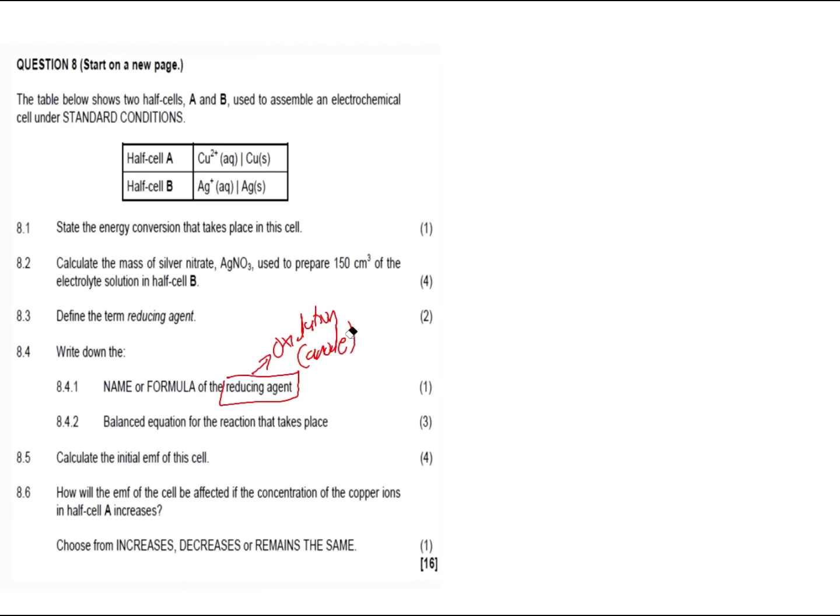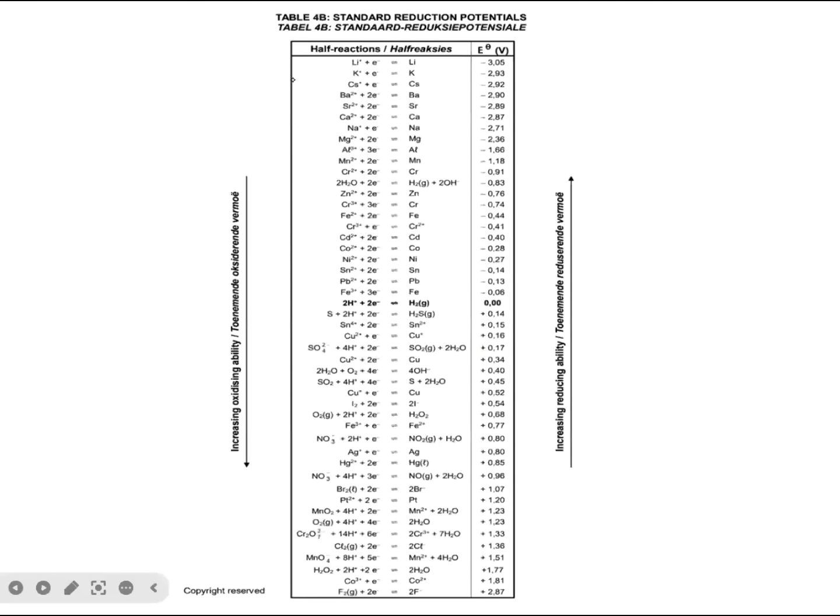So reducing agent undergoes oxidation, it's going to be found on the anode. So that's the thought process that you should go through whenever you are answering these questions, especially when it comes to reducing agent, oxidizing agent. Always remind yourself, what is a reducing agent? Okay, undergoes oxidation. Where do I find oxidation? On the anode. Then it's easier to spot it like that. So remember, we are comparing between the copper and the Ag.